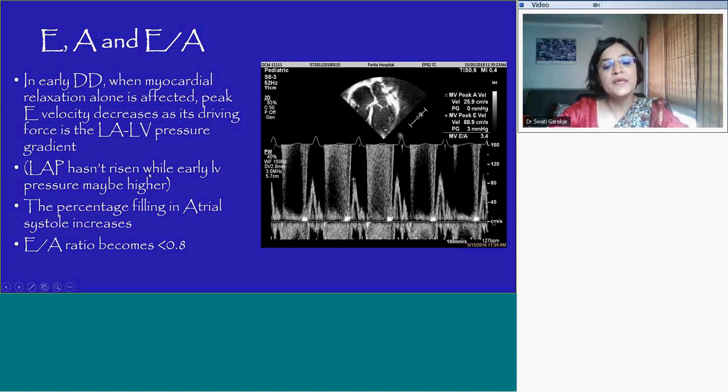So the peak E comes down. When that happens, there's a lot of blood in the left atrium waiting to be emptied into the LV. So compensatorily, the A velocity increases. So the E/A ratio, where A is the denominator, becomes less than 0.8 or whatever the normal is.